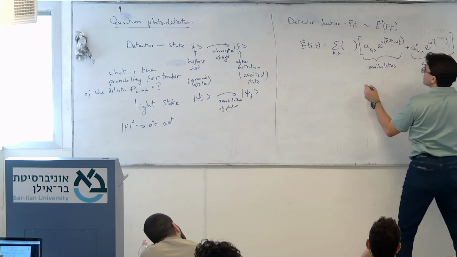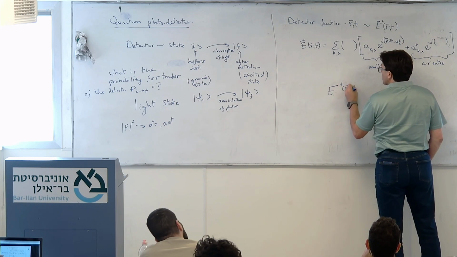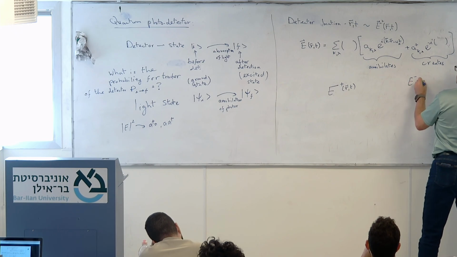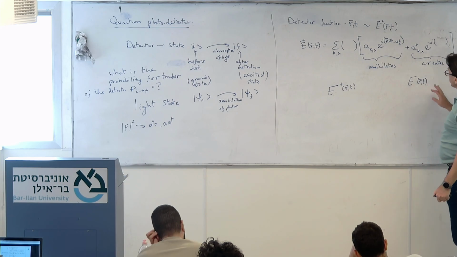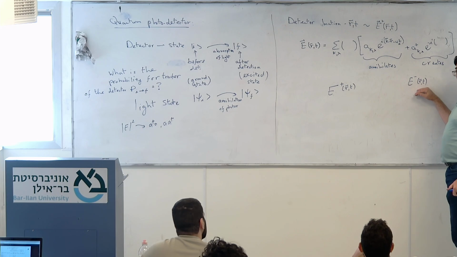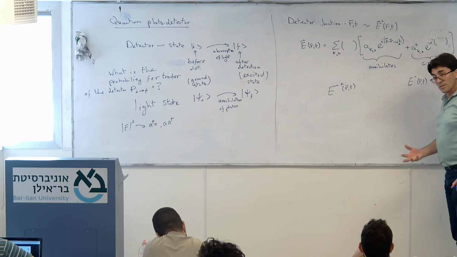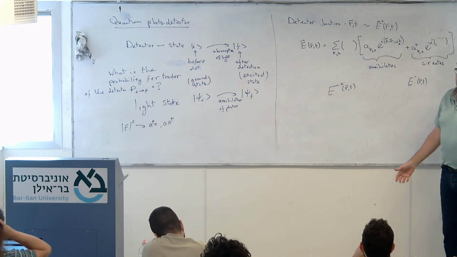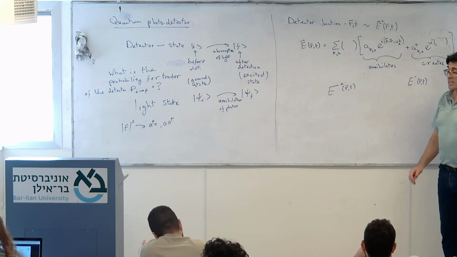So I can define two operators. One of them is called E plus of R and T, and one of them is called E minus of R and T. Normally you would expect that the one that goes with minus will be the one that takes away a photon and annihilates it, and the one that goes with plus will go with the creation. Unfortunately, the standard notation is the opposite.